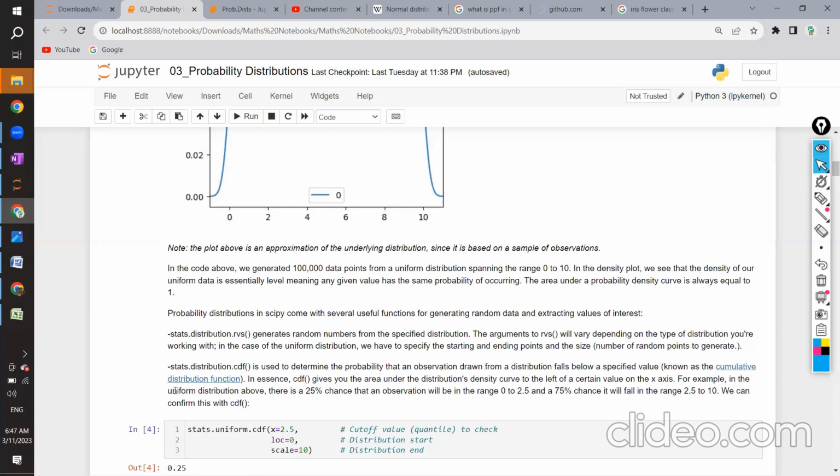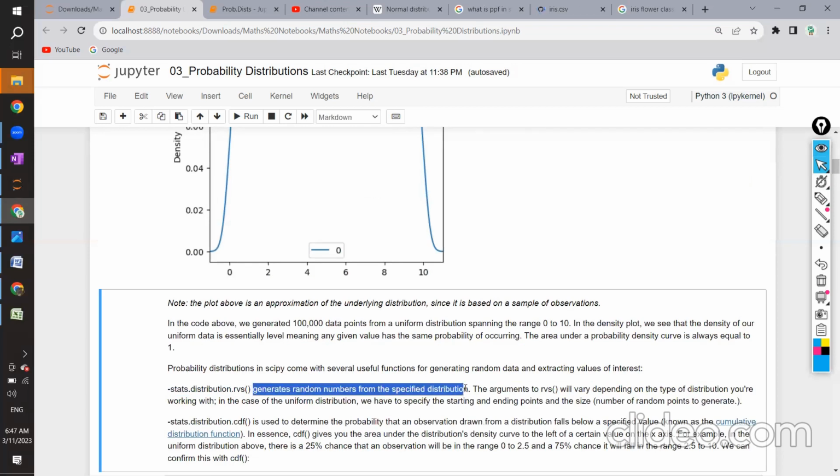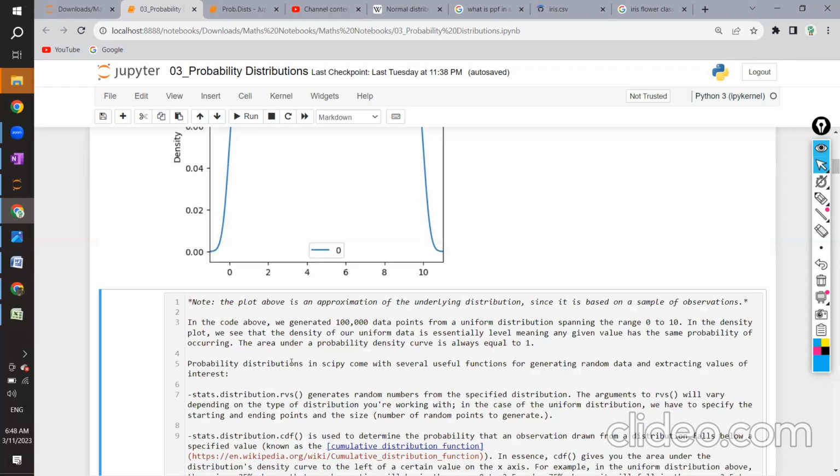If you see stats.distribution.rvs, this generates random numbers from the specified distribution. So whenever you want to generate random numbers from a specific distribution, you need to use stats.distribution.rvs. Whatever distribution you want, you put in the distribution place.